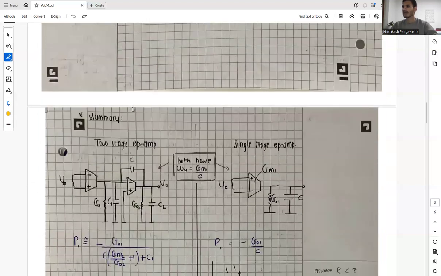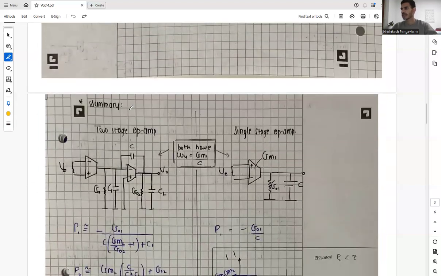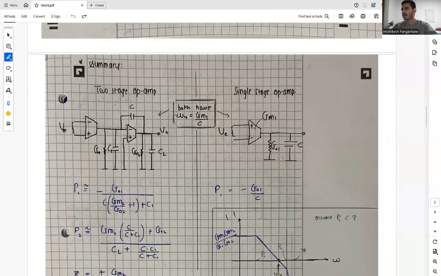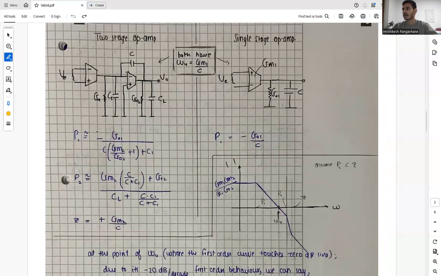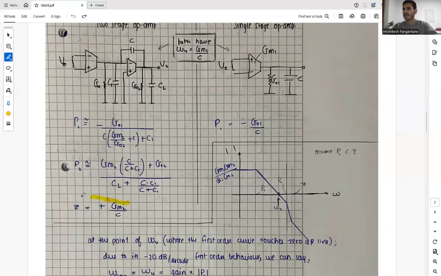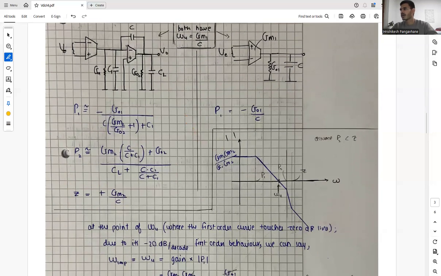Now, summarizing the two-stage op-amp versus the single-stage op-amp, as we know, both have omega u, which is equal to GM1 divided by C. In a single stage, the first pole P1 lied at minus GO1 by C. And when we had a two-stage op-amp, our first pole lied at this frequency, which is intuitively derived, and our P2 lied at this frequency, and there is also one zero associated which lied at GM2 by C.